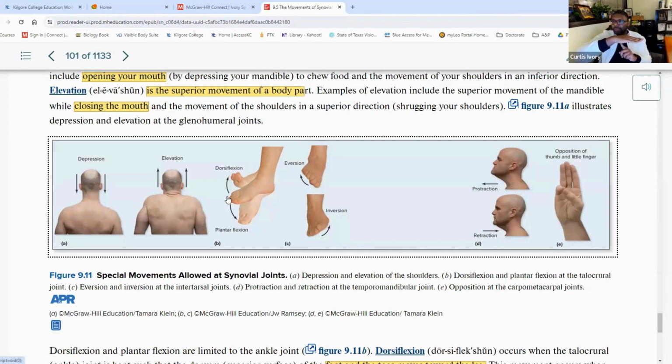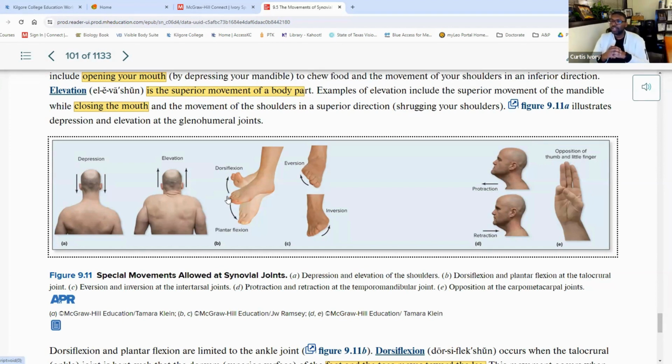On the bottom is the plantar. If I'm going to flex the plantar region, we're going to be looking at this angle. Right now this is at 180. I'm decreasing that angle to 90. This is plantar flexion. If I want to do dorsiflexion, it's the back of the hand, I'm going to do this. If it's plantar flexion, I'm going to plant my foot downward.